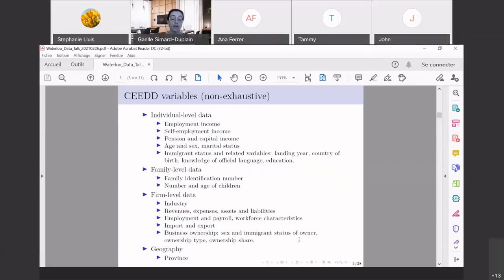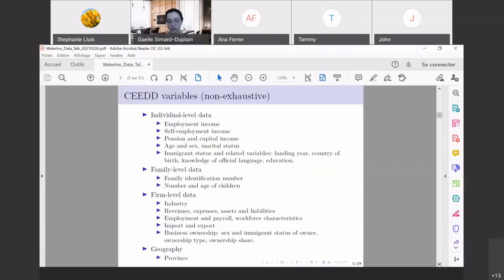And then on the firm level side of things, there's lots of data too: industry, revenues and expenses, assets and liabilities, employment and payroll, and workforce characteristics, like what percentage of your workforce is women.